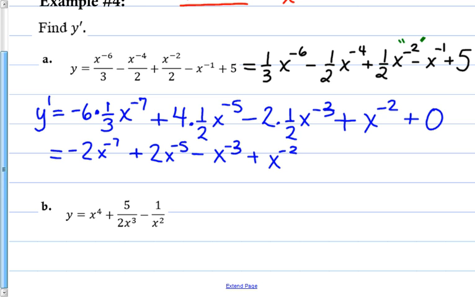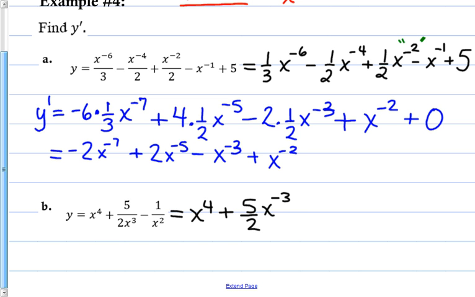Okay, B. Same idea. Here, though, I didn't actually write out the negative exponents. They're already in the denominator. So C's are just easier if you go ahead and rewrite. So 5/2, I'll split that up, and then x to the negative 3. Instead of leaving it in the denominator, if you write it as a negative exponent, it'll be easier to do the differentiating.